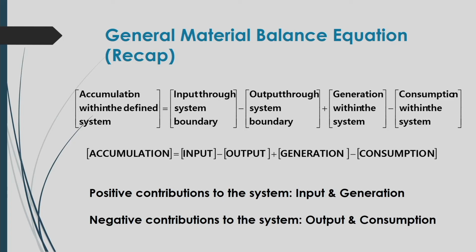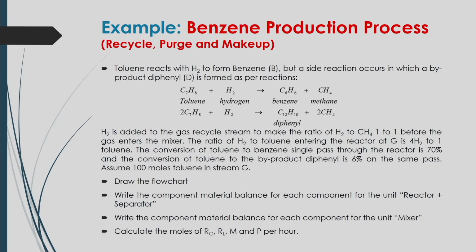Since this material balance involves chemical reactions, here we have to consider the generation and consumption terms. But if the reaction process is at steady state, then accumulation will be equal to 0.